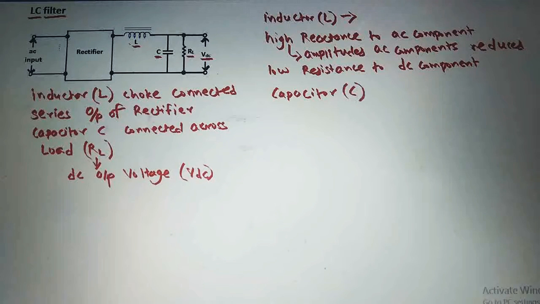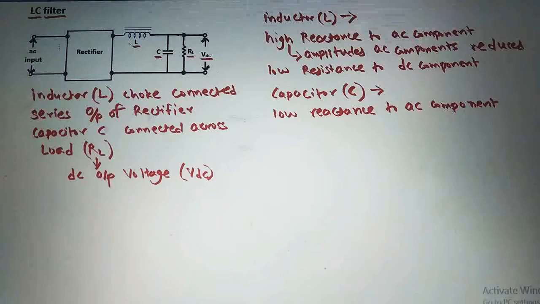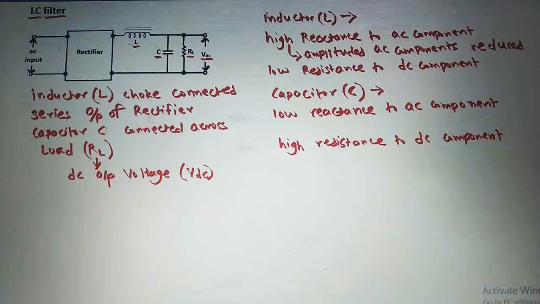This capacitor filter C offers a low reactance to the AC component, but it offers high resistance to the DC component. So the capacitor always offers low reactance to the AC component and high reactance to the DC component.